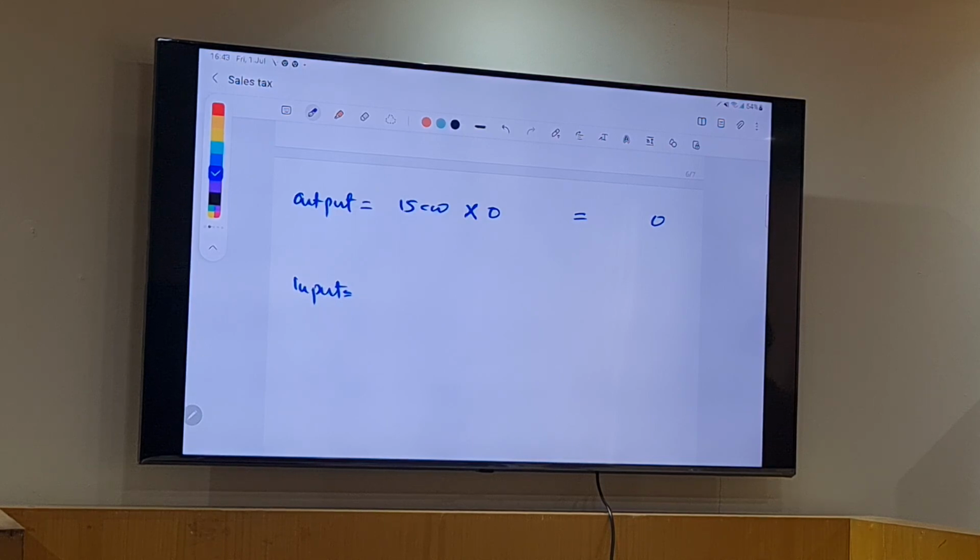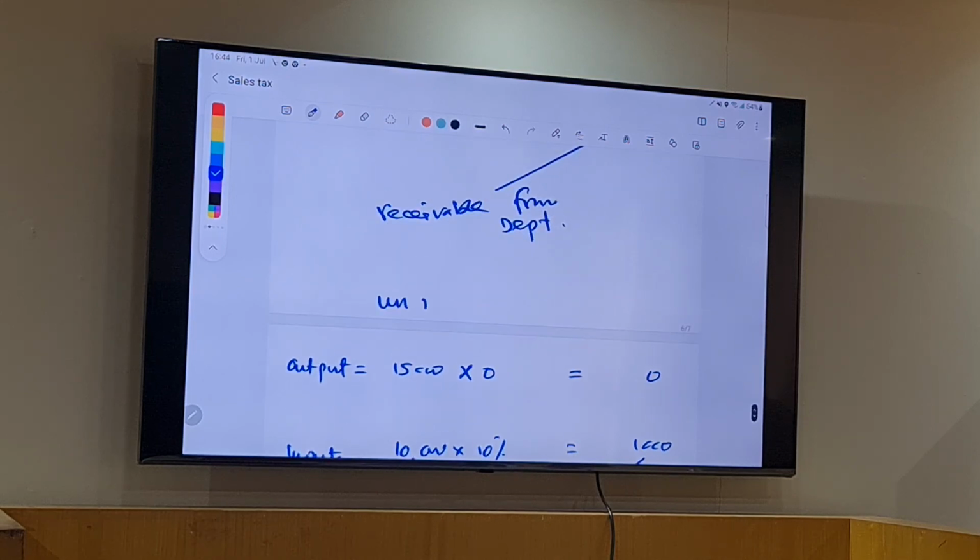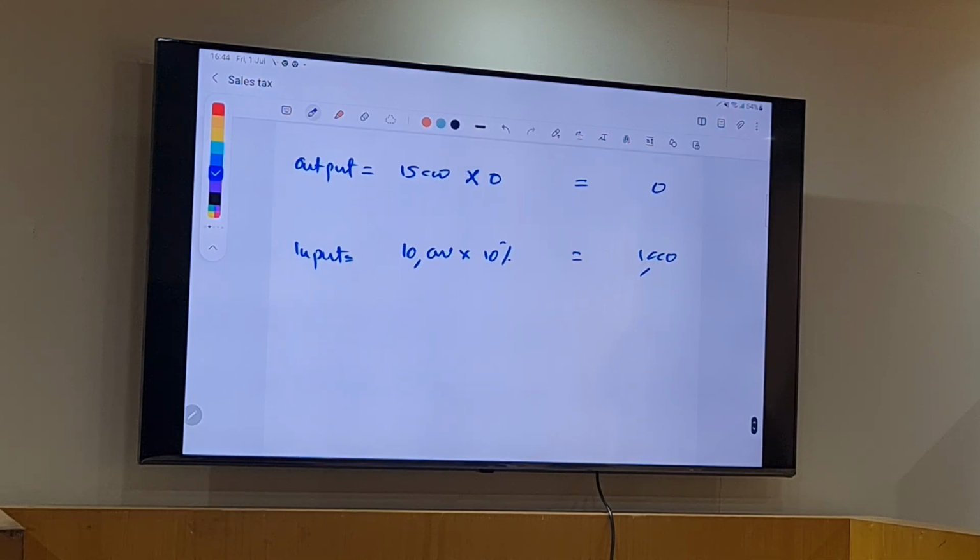Correct? So when he is selling an item to me, if he is a registered supplier, he will charge me tax. So input 10,000 into 10%. How much is coming? 1,000. Now this 1,000, can I recover from the department? No, because I am unregistered. Then this money becomes an expense.